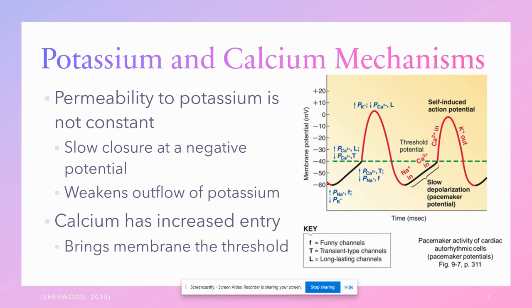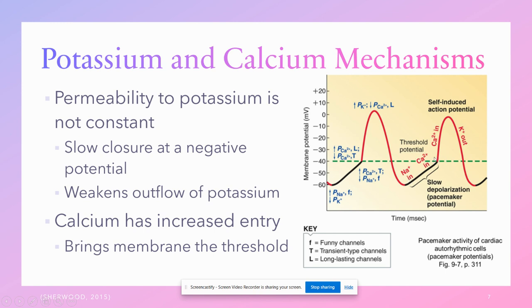This resultant brief influx of positive calcium will further depolarize the membrane, once again bringing it up to threshold. It's referenced here where it says Ca2+, that's calcium ion coming in, sodium's coming in due to the funny channels. It's going to bring it to threshold.